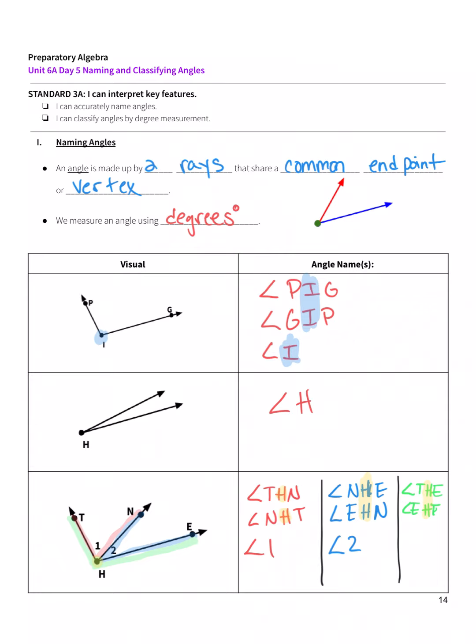And this angle, this big one, could be referred to as angle H. This angle H is broken into 2 angles, 1 and 2, or THN and HE. Okay, make sure you have all of this information in your notes. And if I was going too fast, rewatch it or slow it down.